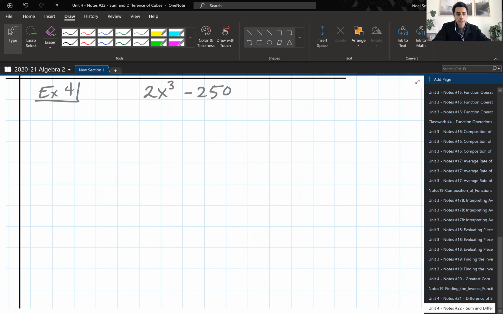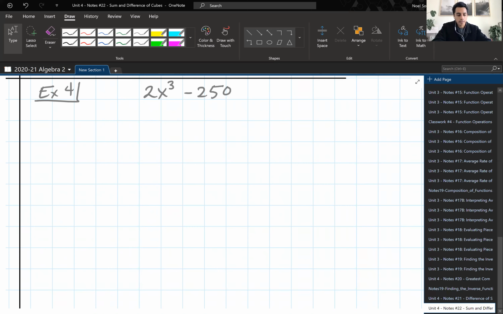Is there a number you can think of that if you multiply it times itself 3 times, you get 2? What about 250? Anything come to mind? Same number times same number times same number, you arrive at 250. So are we just done? This one we just can't do it.